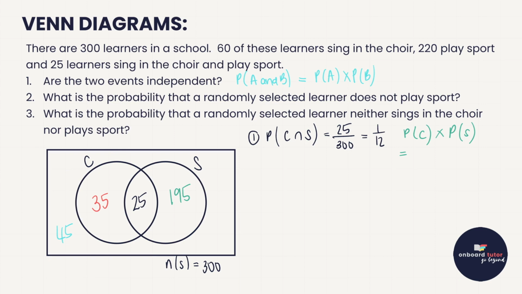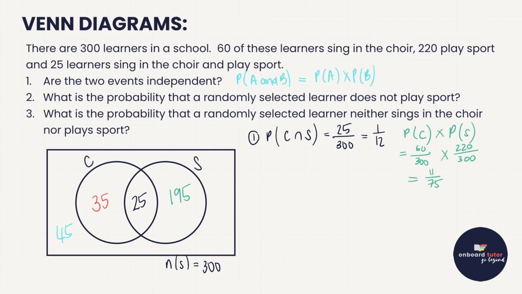The choir is the whole circle, and so that's 60 out of the 300 learners, multiplied by the sport, that's 220 out of the 300 learners. So now we're going to work that out on the calculator. 60 over 300 multiplied by 220 over 300 gives us a probability of 11 over 75.